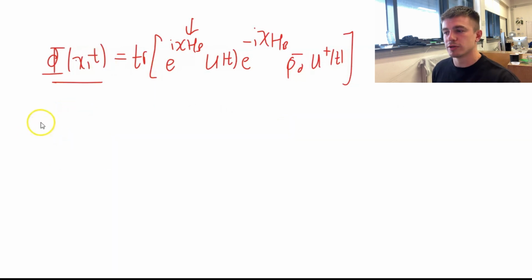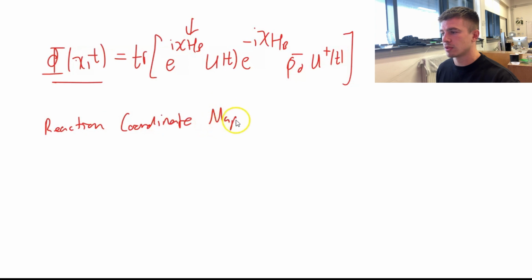So the main point of this work is to use something called the reaction coordinate mapping in the context of building probability distributions for heat. And the way that we're going to do this is to apply the reaction coordinate mapping to the 2 Bath Hamiltonians here and here.